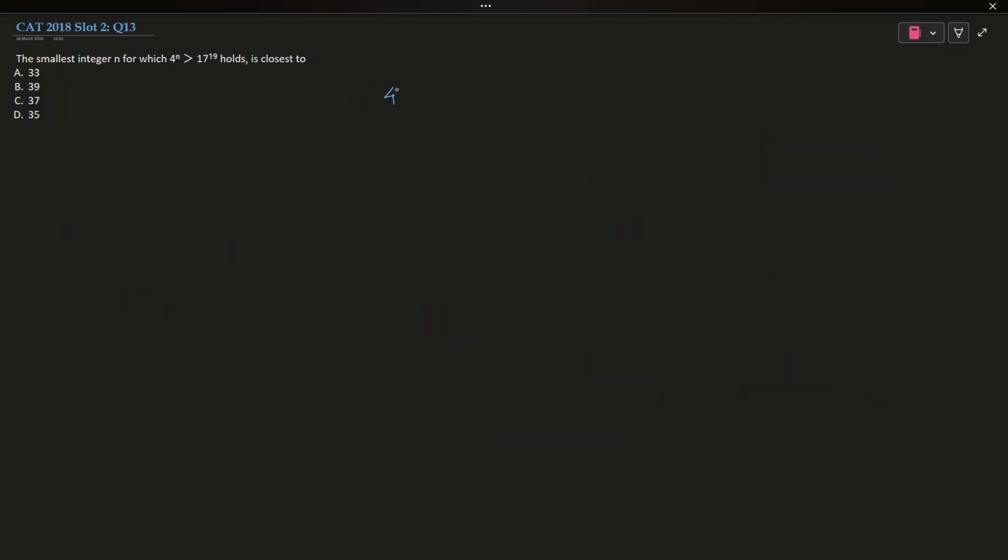4 to the power of n is greater than 17 to the power of 19. So I need to find the smallest integer n for which this will be satisfied. 4 can be written as 2 square to the power of n, right, is greater than 17 to the power of 19. This can be written as 2 to the power of 2n greater than 17 to the power of 19.